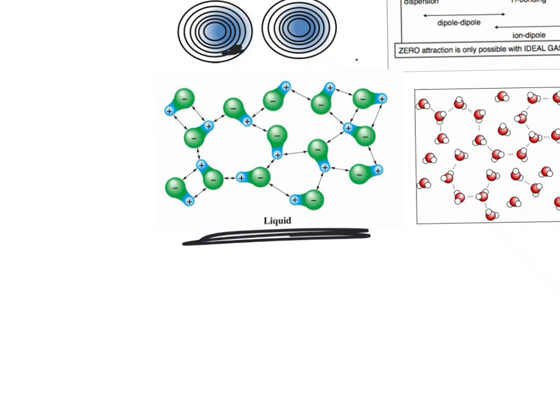Because of the electronegativity of the chlorine, we create a dipole within the molecule. So now we have to have two atoms interacting in order to have a dipole-dipole type of force.